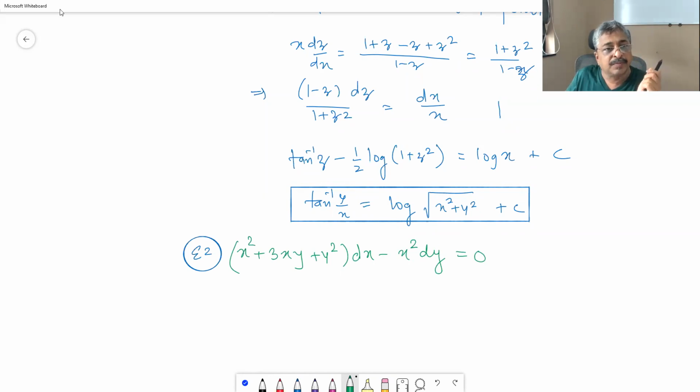Get me the answer. Put y is equal to zx and solve variable separable in z and x. You will get the final answer: log mod x plus x upon (x plus y) is equal to constant.